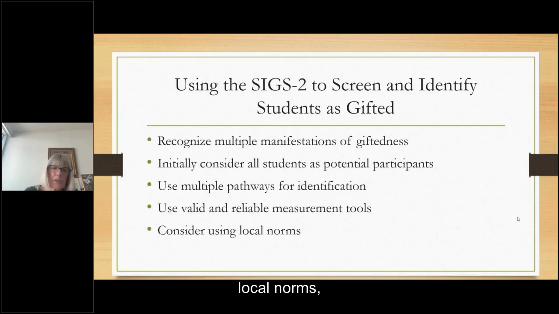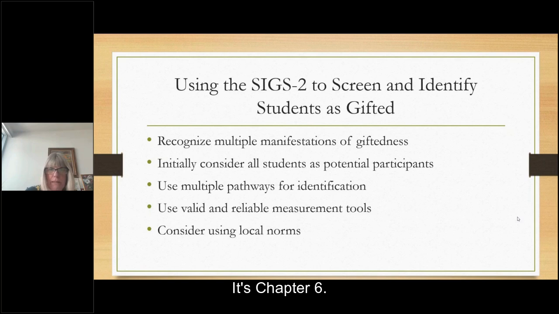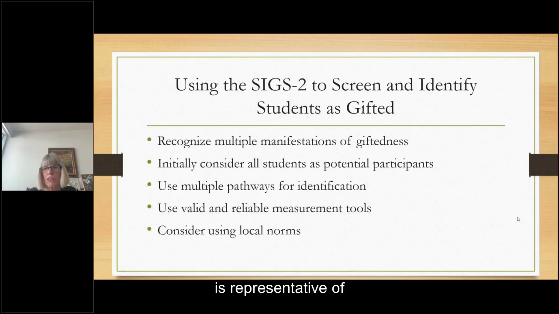So local norms, the nice thing about the SIGS-2 is we have an entire chapter in our manual, chapter 6, and that chapter lets you know how to choose your sample and how to calculate the norms. Now, the most important thing if you are actually going to use local norms is you would want to make sure that your sample is representative of all the students in the district, including ability level.